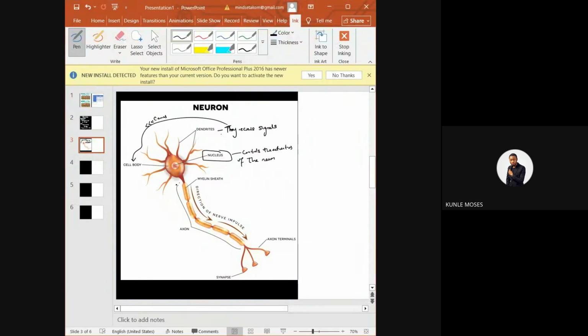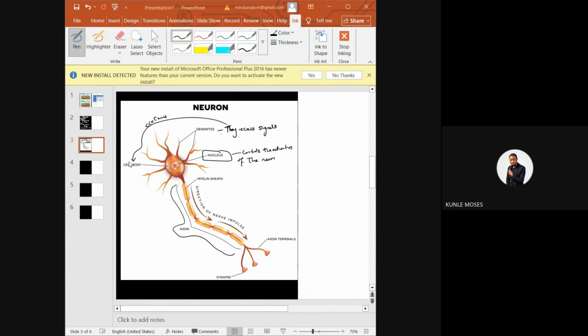The axon is a very long fiber extended from the cell body. What the axon does is carry the nerve impulses that the cell body received and processed. After the dendrite receives signals, it sends them to the cell body, which processes them.